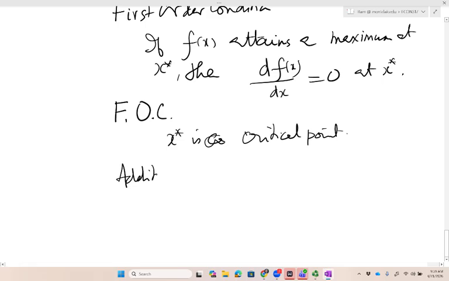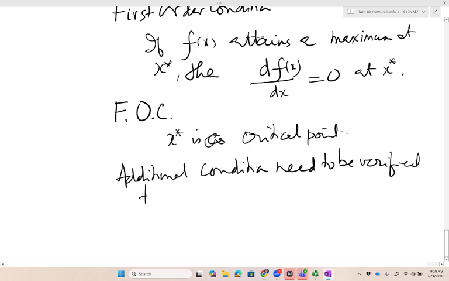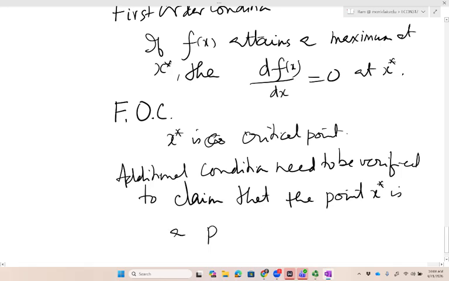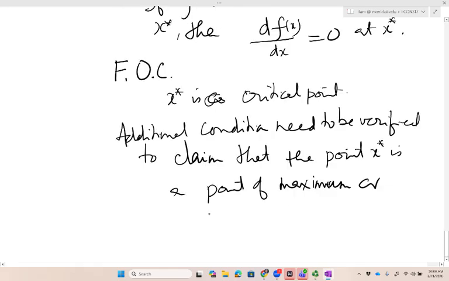Additional conditions need to be verified to claim that the point x star is a point of maximum or a point of minimum.